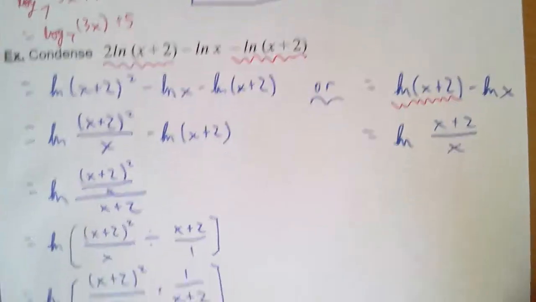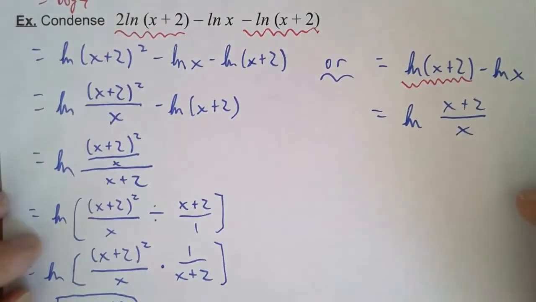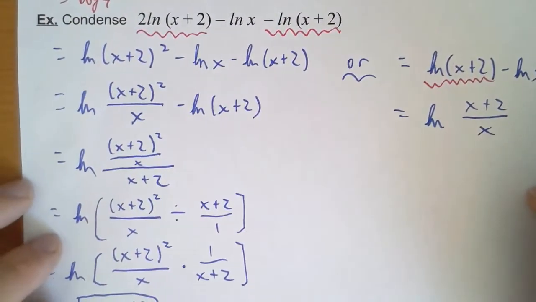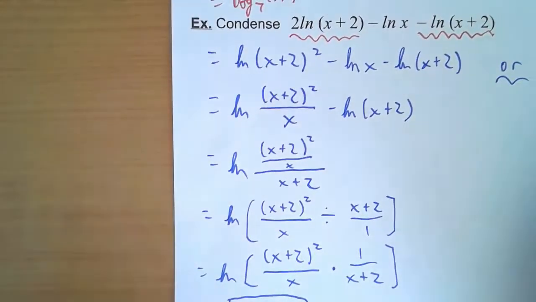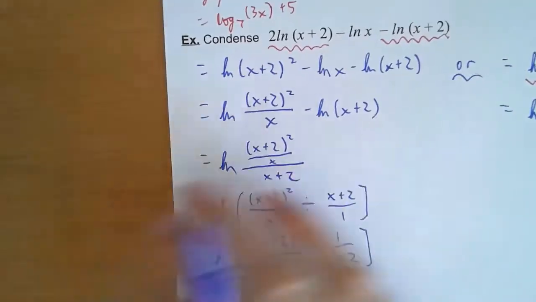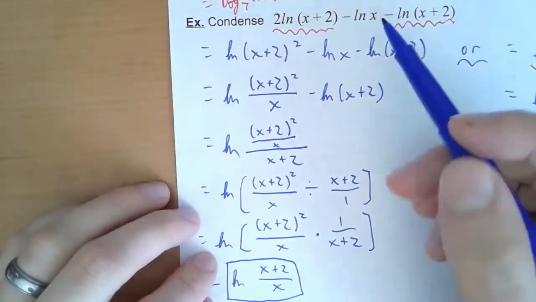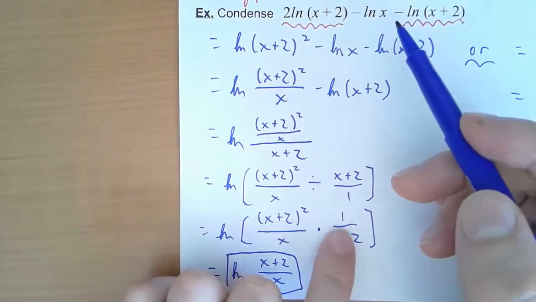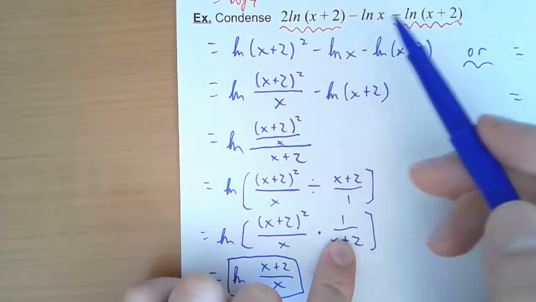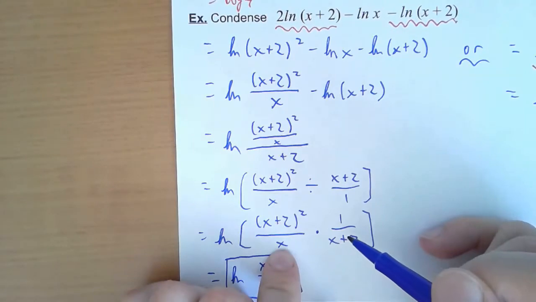All right. And then for this second one here, there's a couple ways you could do it. So the first way would be just to treat all these three things separately. What you can do is anything that's subtracted would be on the bottom of the fraction.